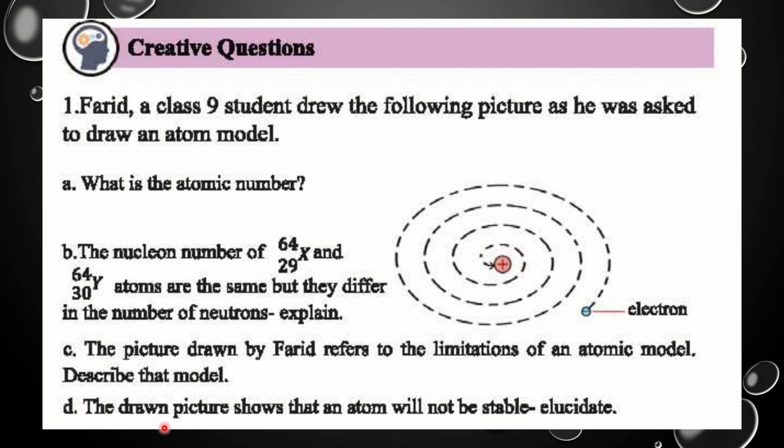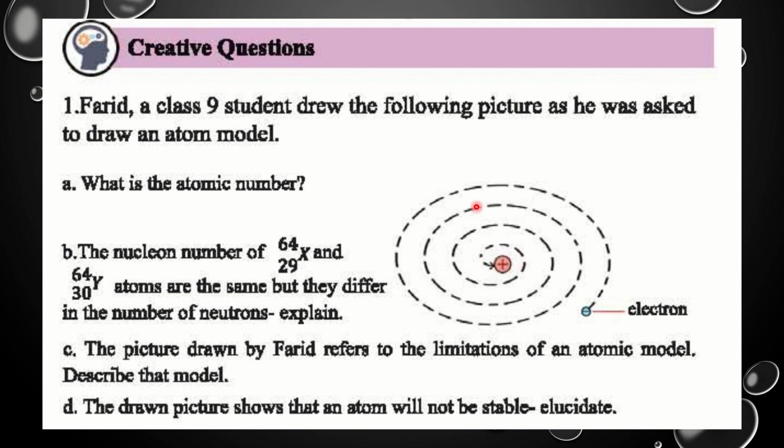Now D number question. The drawn picture shows that an atom will not be stable, because in this picture it is seen that when any electron is moving this way, then according to Maxwell's electromagnetic theory of radiation, it emits energy and its radius will gradually grow smaller, and one time it will come to the center.